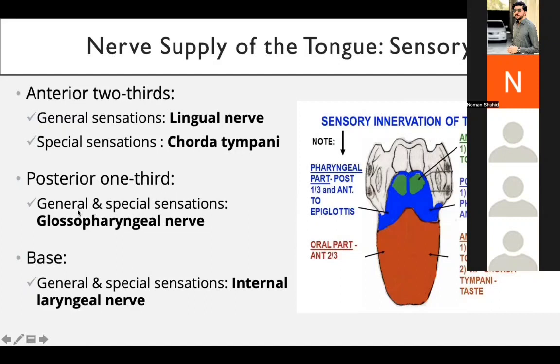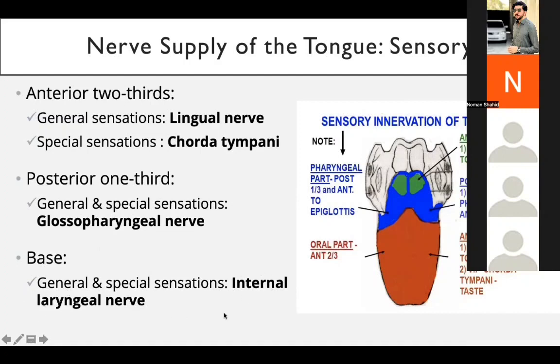The general and special sensation in the posterior one-third of the tongue is by the glossopharyngeal nerve. You don't have to remember extra. And the base of the tongue, the general and special sensation, who is responsible? Internal laryngeal nerve.